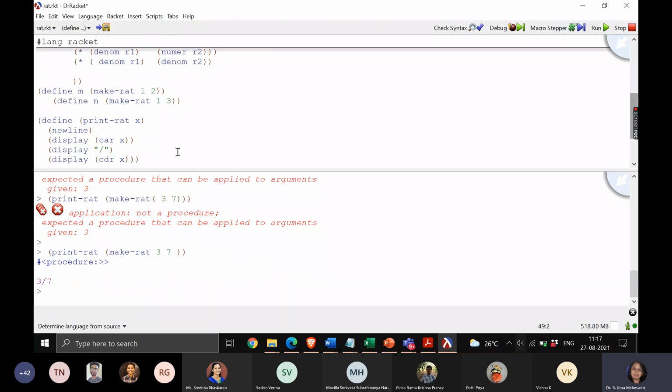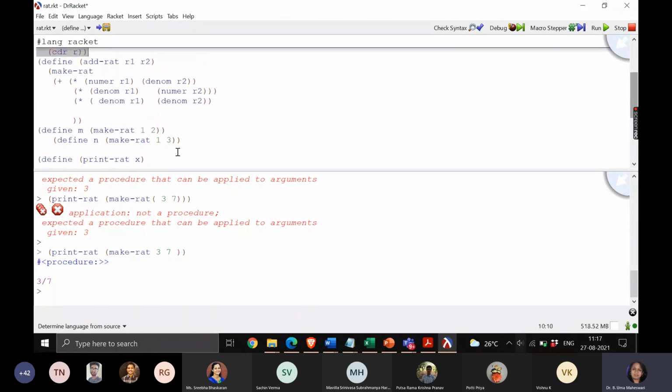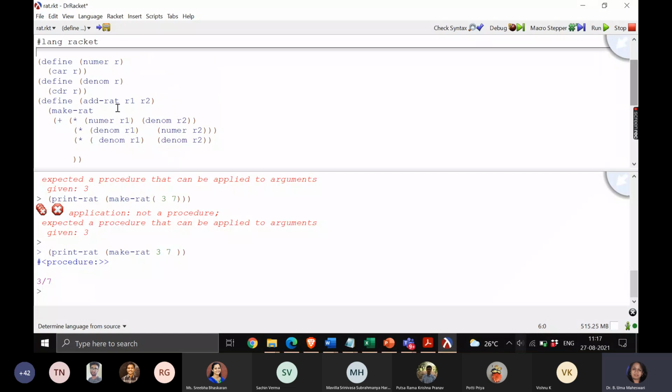So now let's go on for the addition of 2 rational numbers. For addition of 2 rational numbers, I have add rat. It takes 2 arguments that are rational numbers, right?